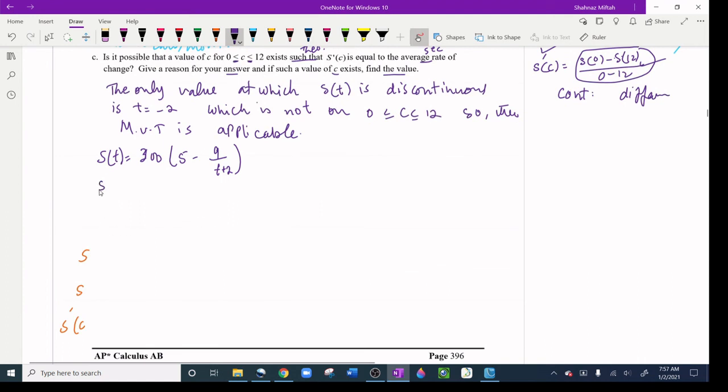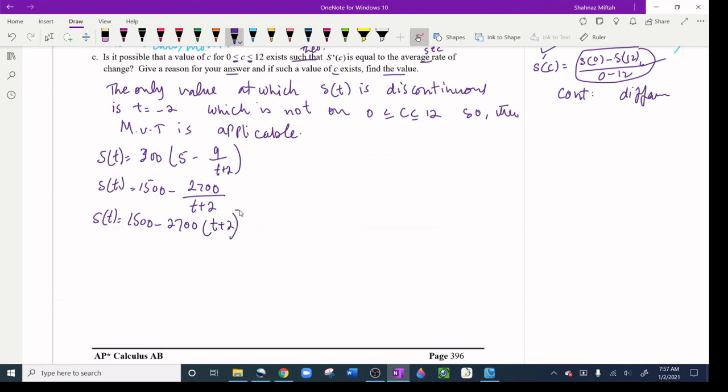So I'm going to rewrite this. 300 times 5 is 1500, minus 2700, that's 9 times 300, over t plus 2. What can I do here to avoid the quotient rule? 1500 stays. I can do 2700 times t plus 2 in parentheses to the power -1, because we know there's an invisible 1 there. So if I move this to the top, it turns negative.